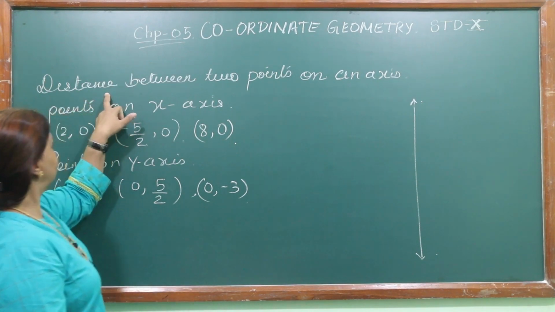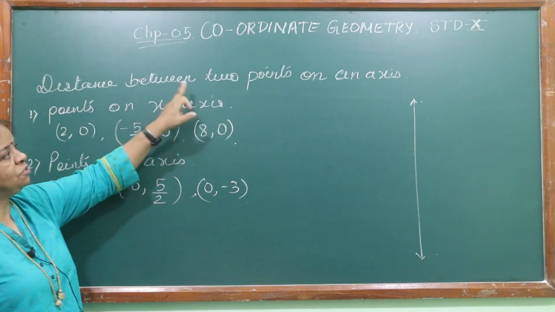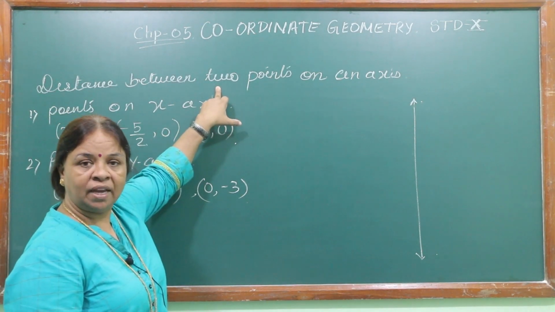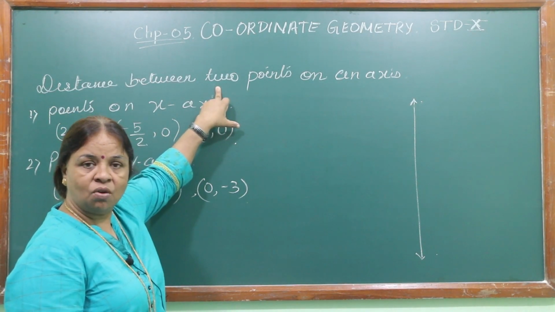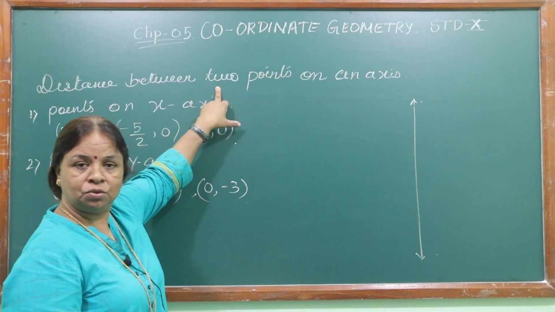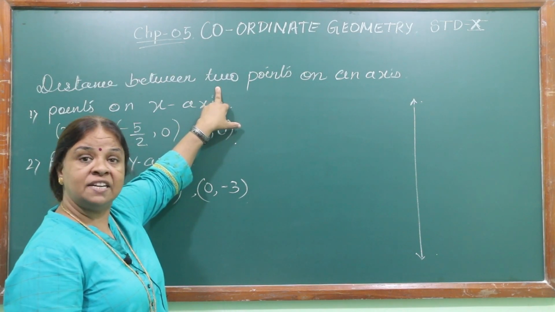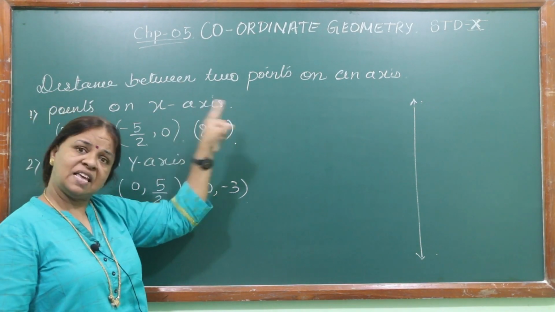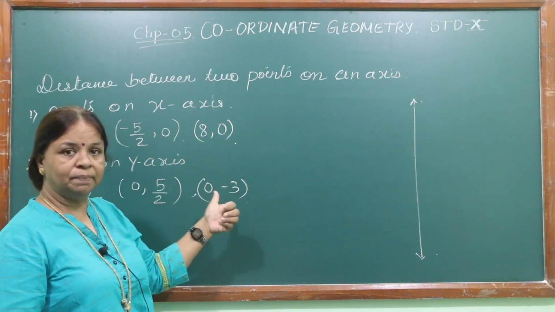Children, we will be learning how to find the distance between 2 points which are on the axis. Now I discussed before this how to find the distance between 2 points when the points are on the number line. So points on the axis are the same as points on the number line.